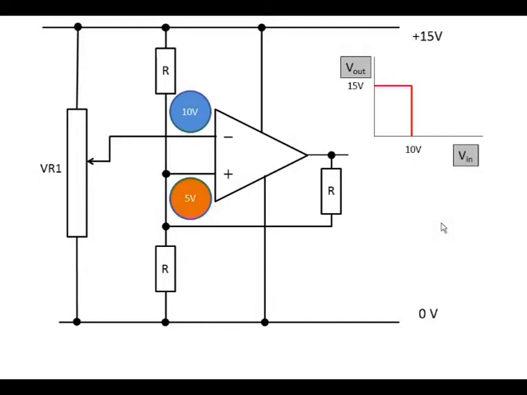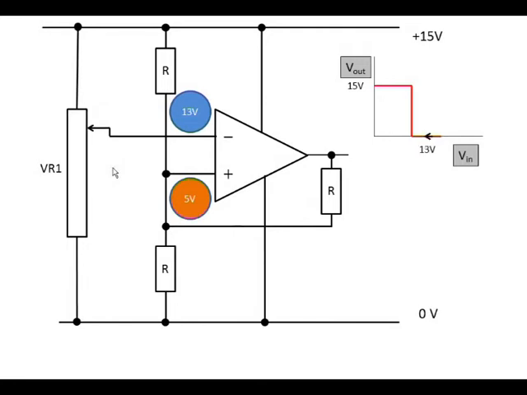Okay, so we now continue to raise the voltage on the inverting input above 10 volts, 12 volts, right up to 15 volts, and because this is above the non-inverting voltage, 5 volts, the output remains low. Now we're going to reduce the input voltage. We're going to bring it back from 15 volts back to 0, and look at what happens to the output.